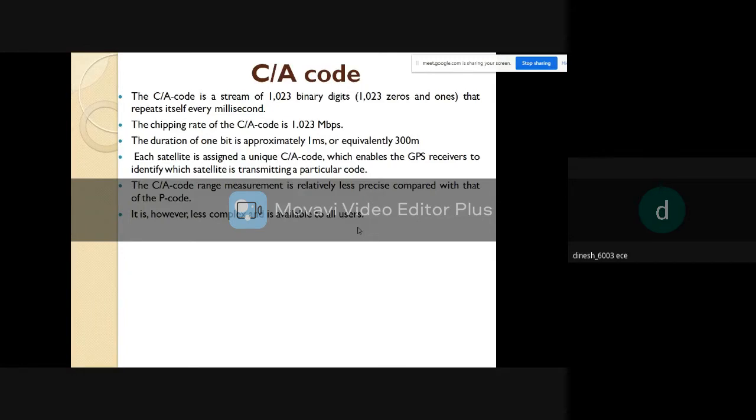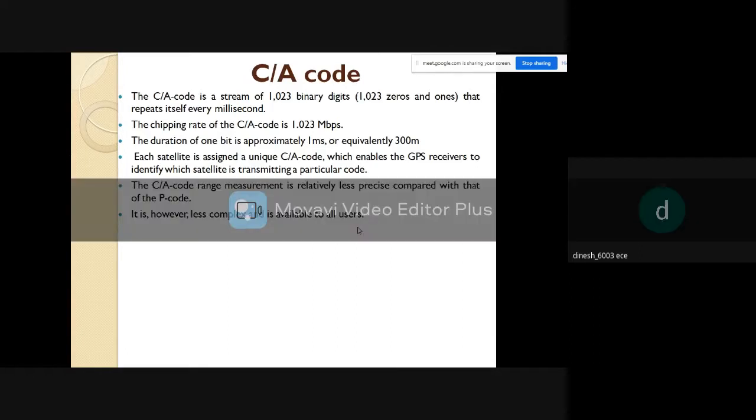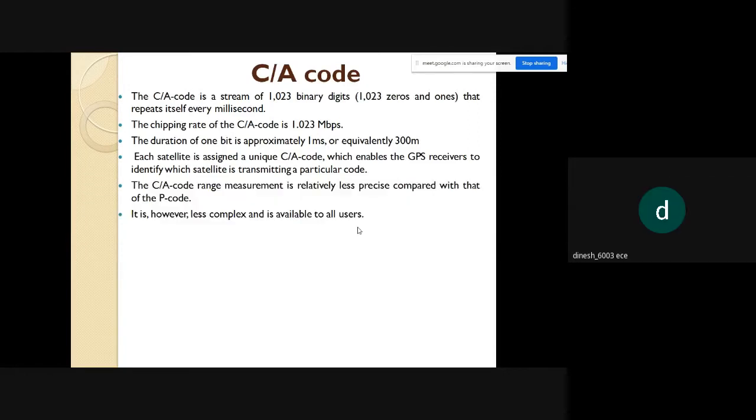The C/A code range measurement is always relatively less precise when compared to the precision code type. However, this C/A code is less complex in design and is available to all users. Most probably all the military users and the civilian users can use this C/A code.